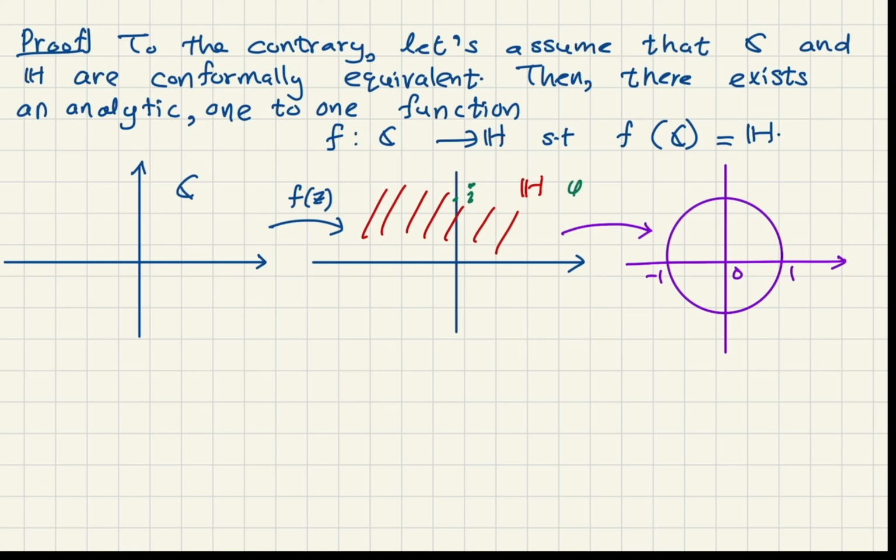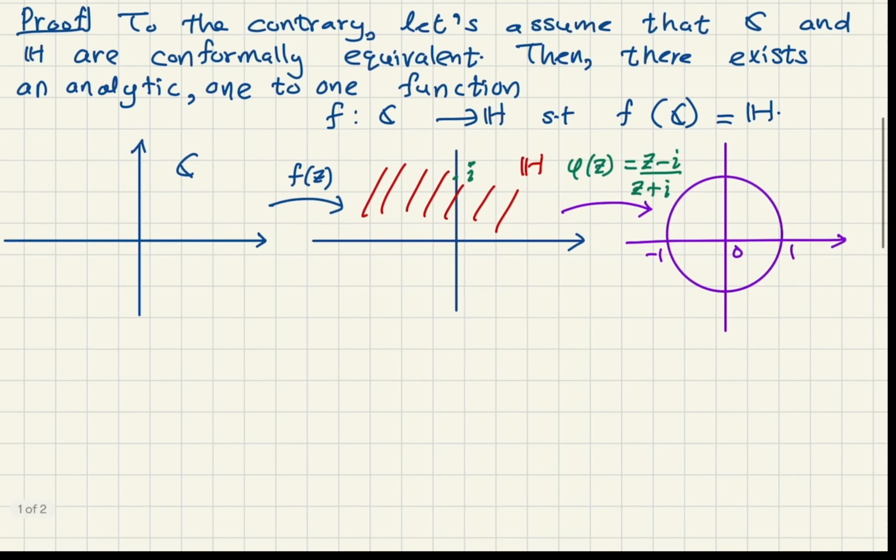The map phi(z) is (z minus i) divided by (z plus i). Then this map phi would map the upper half plane conformally onto this unit disk D. I would explain this function phi in one of my future videos. For now I'm going to use this map.